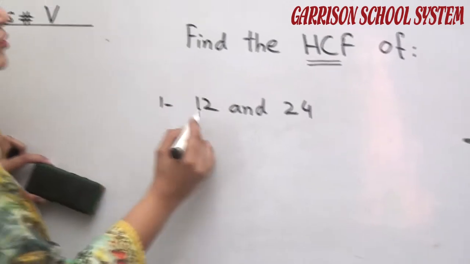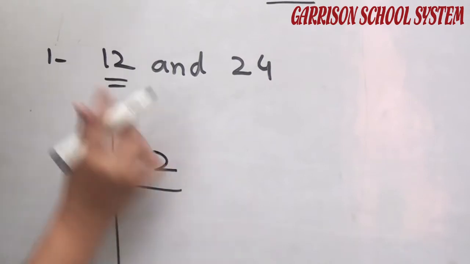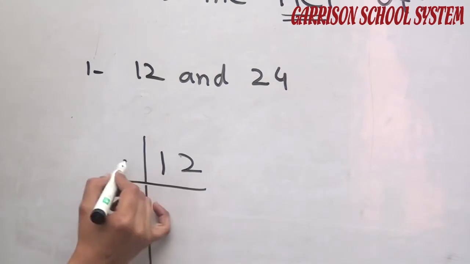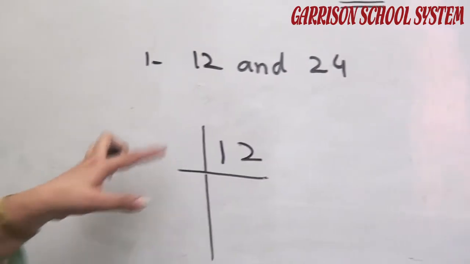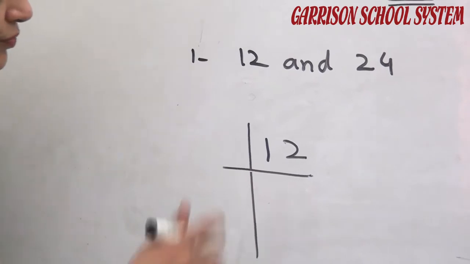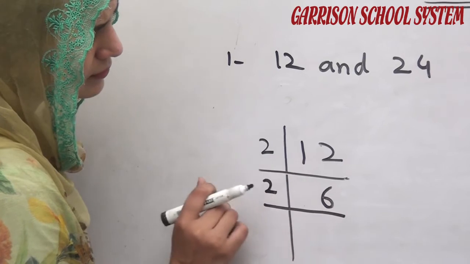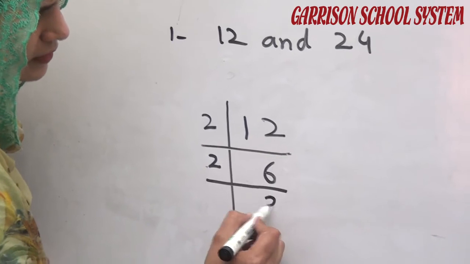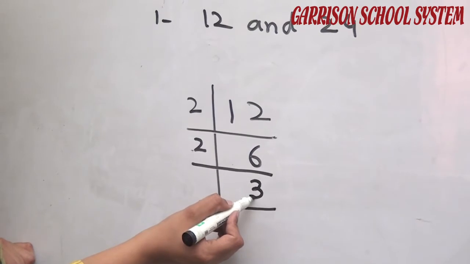First of all, we find the factors of 12. You have learned this way in the previous classes also. We will take the smallest number which divides 12.